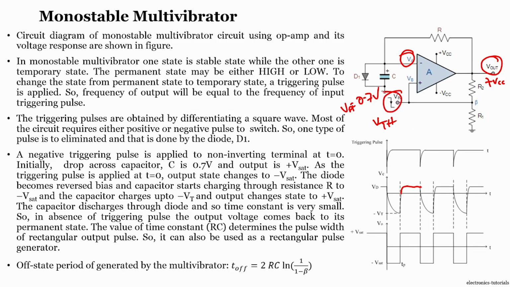What if I give a negative pulse at the positive input? Obviously the VA value is greater than VB, and the condition is satisfied. As a result, the output will go to minus VCC. When the output goes to minus VCC, since the diode will be in reverse bias condition, the capacitor will start to discharge till what?